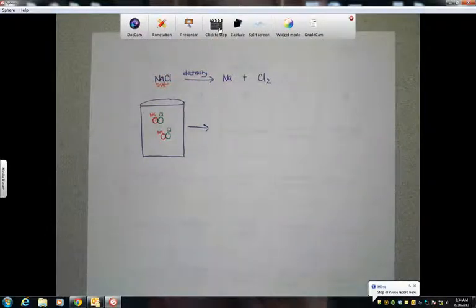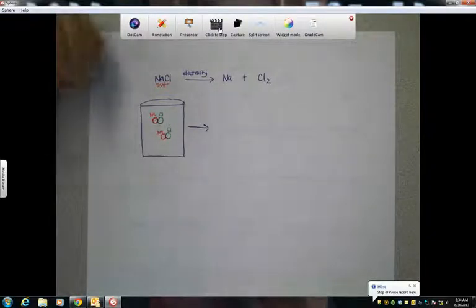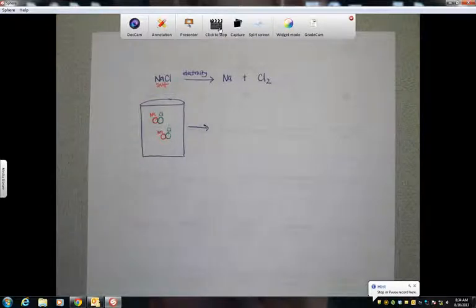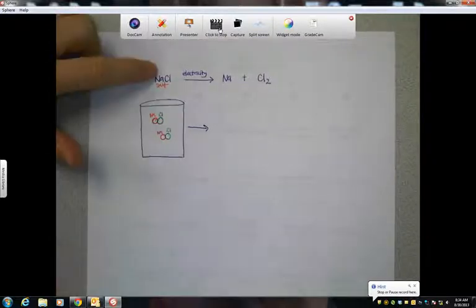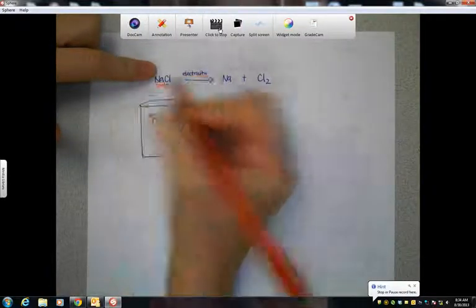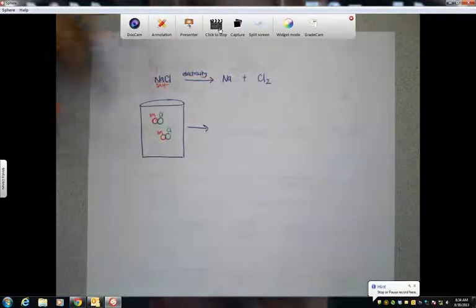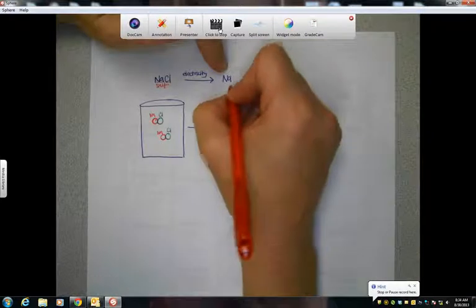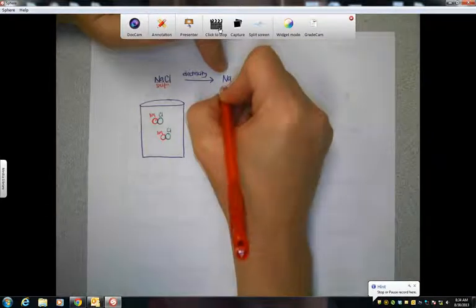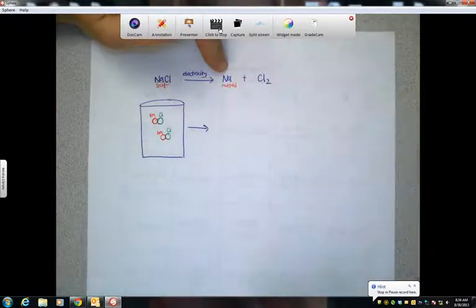And interestingly enough, if you take table salt and you run electricity through it, through a process called electrolysis, you can actually separate the sodium. So that's what Na is, sodium, and Cl is chlorine. You can separate the sodium and the chlorine from each other and make solid sodium. So this would be a metal, solid sodium metal, and chlorine gas.